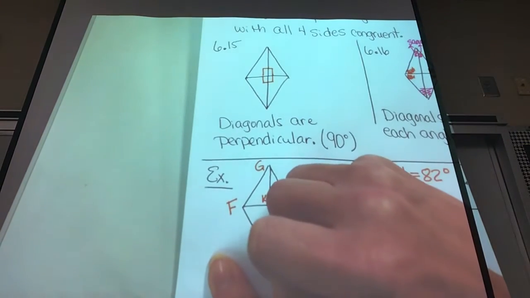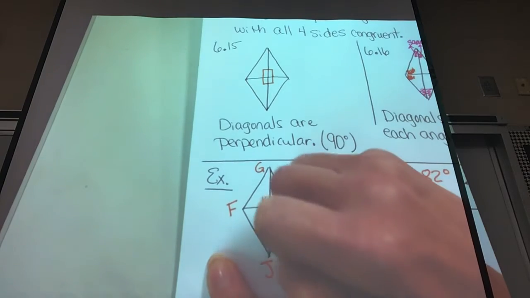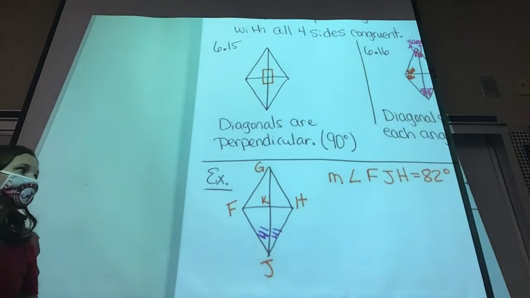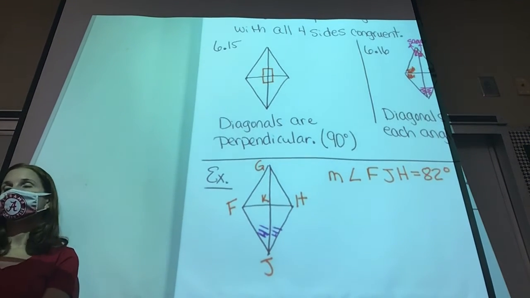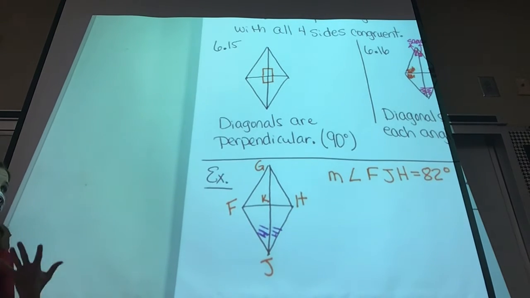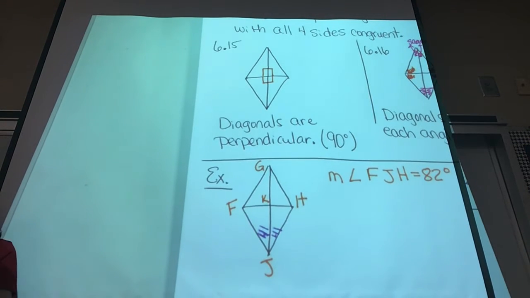So I know this piece is 41, and I know this piece is 41, because that makes up the 82. That's what I just told you that you've got to know. If they tell you the whole angle, you've got to be able to have it. So that's what they told me.